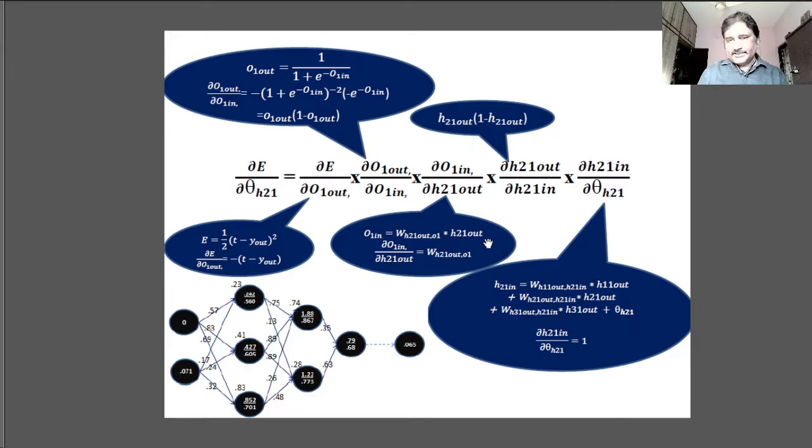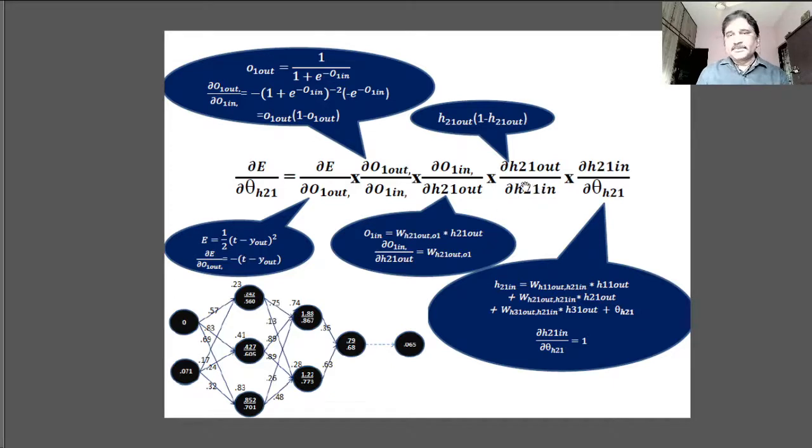When we are differentiating it with respect to H21 out, this will be the differentiation, and when we are differentiating O1 in with respect to this one, this will be the differentiation. I hope you have understood this.